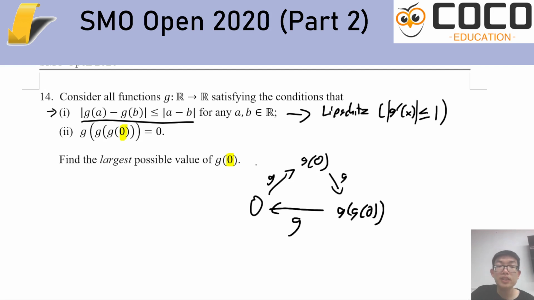Now, when I draw this triangle here, do you realize that we are immediately done? We're immediately done because basically it tells you that once you have applied the function, the gap is getting smaller.